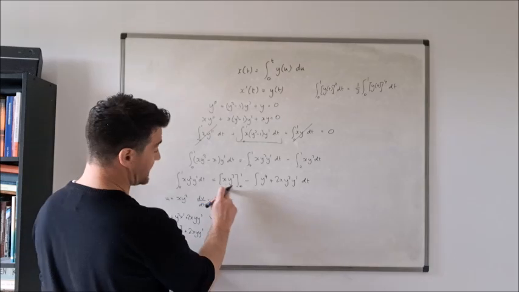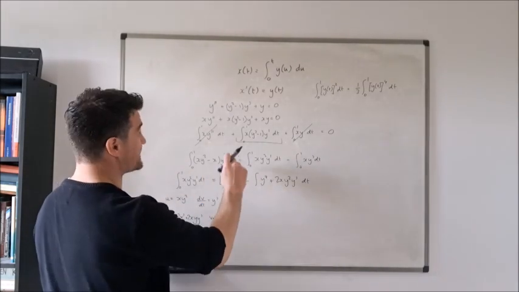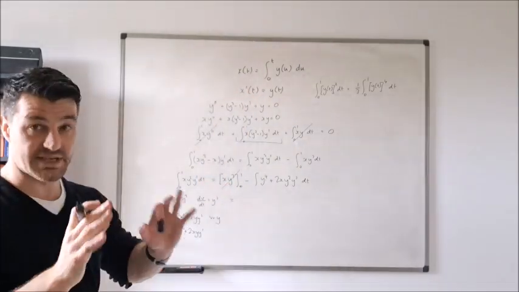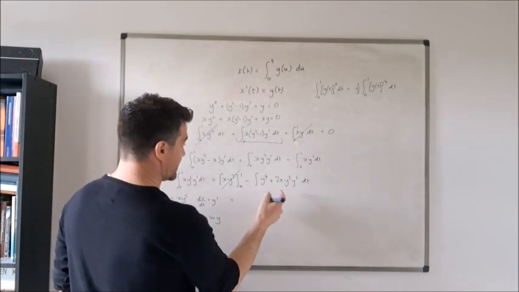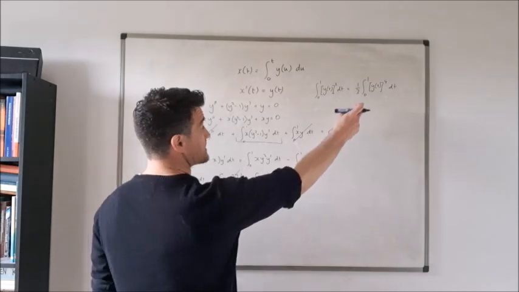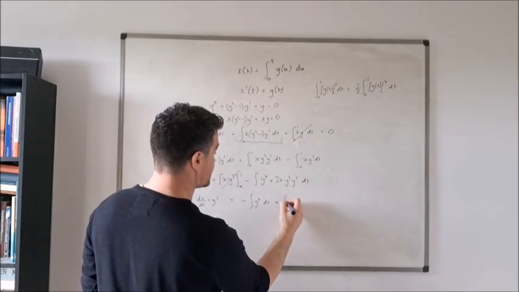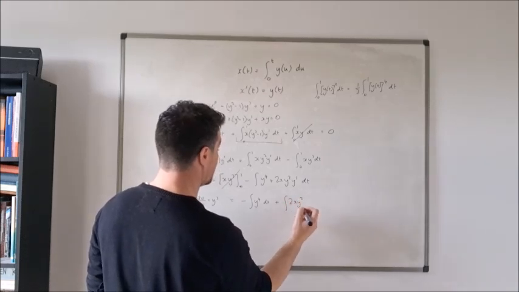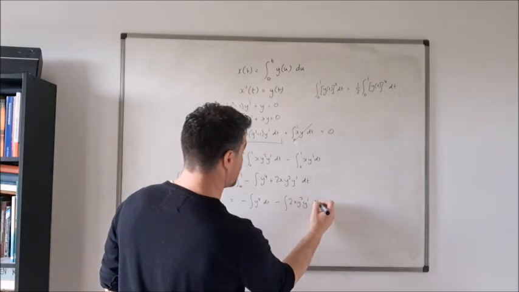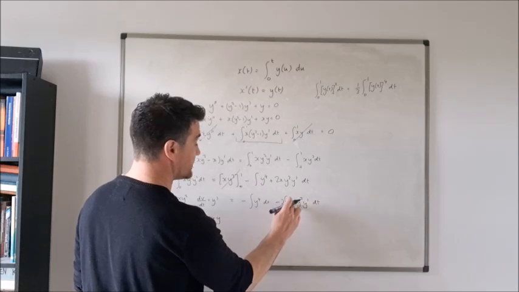That's going to be equal to 0. I'm not going to go through all of the details, but that's equal to 0 based on the fact that we know that x1 and x0 are both equal to 0. So here we're just left with minus the integral of y to the power of 4 dt. That's good. Minus twice the integral of xy squared y primed dt. In fact, I can go so far as to bring the 2 out of the integral.